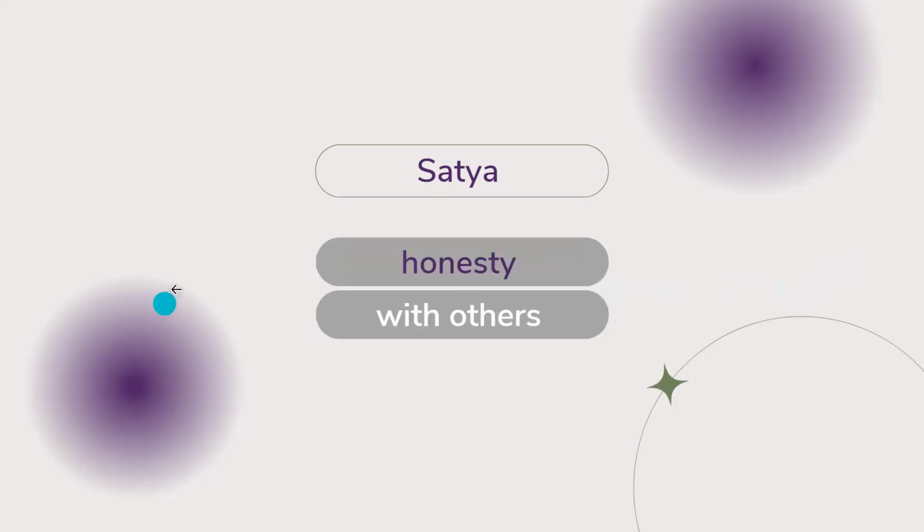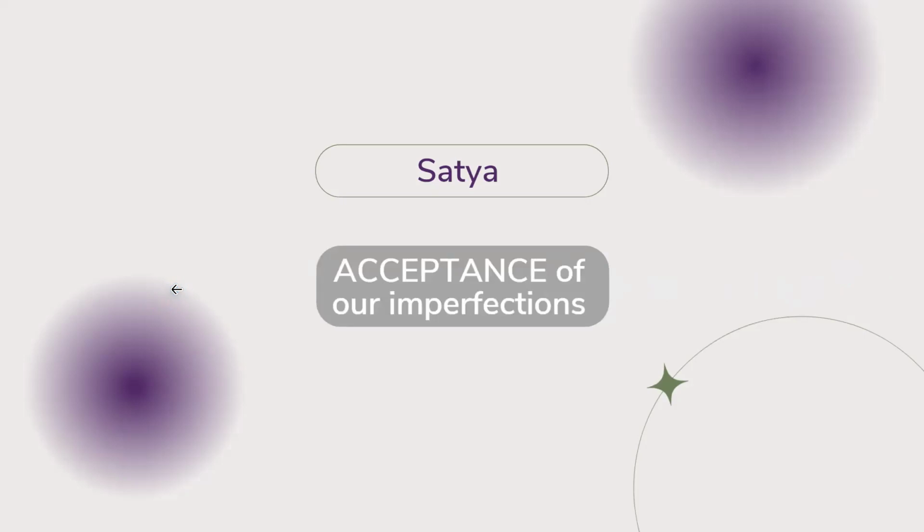I think that's as far as I'm going to go in this session. I really wanted to stay focused on practicing Satya with ourselves. Equally, we could just as easily explore how we might practice Satya with others, so I invite you to go away and reflect on that.